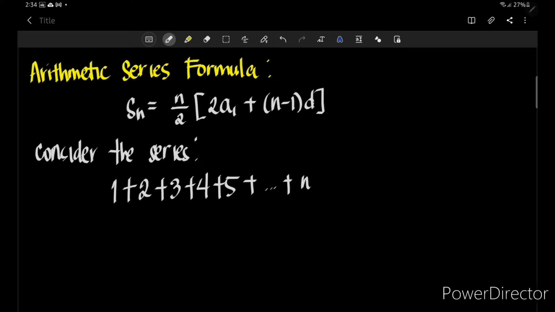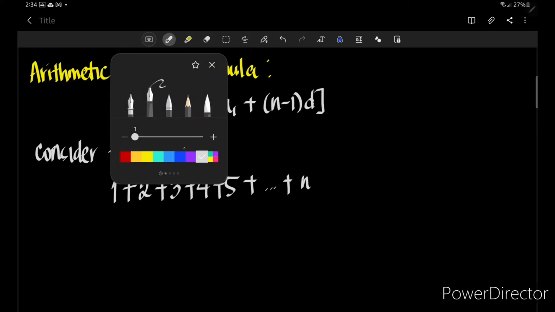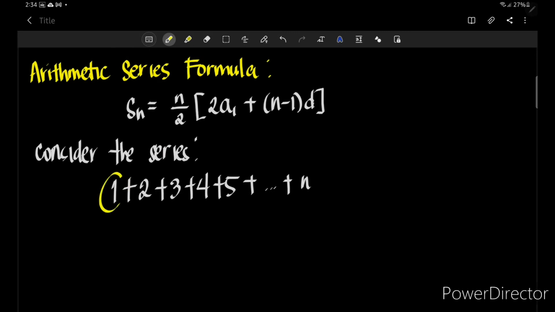Okay. Alam natin sa series na to ay nagmula siya sa arithmetic sequence na ang common difference is 1 and yung ating first term, which is a sub 1, ay equal sa 1. And yung common difference nga, gaya sabi natin kanina, is also 1.